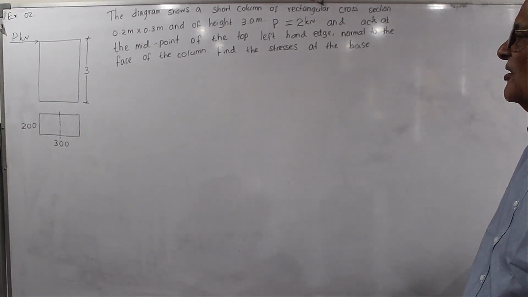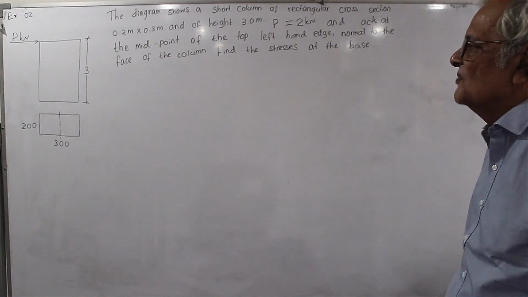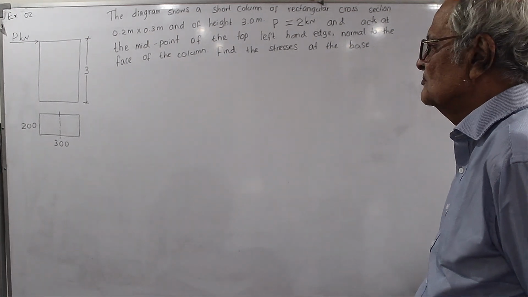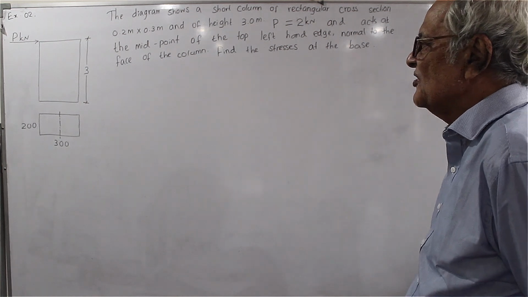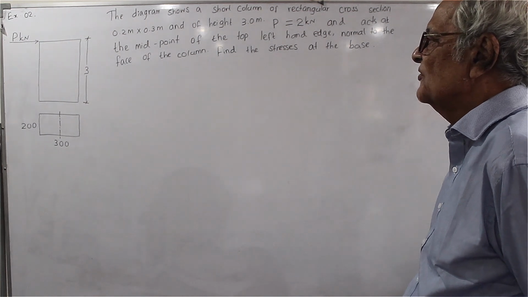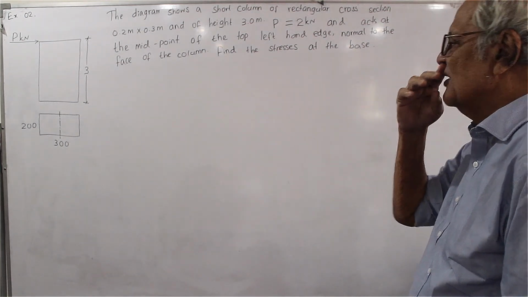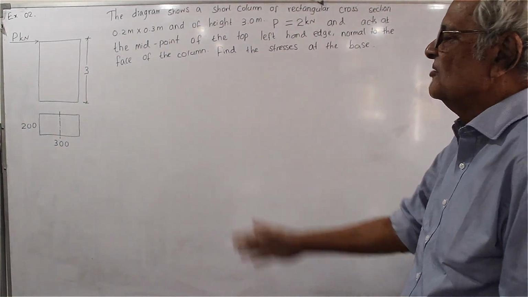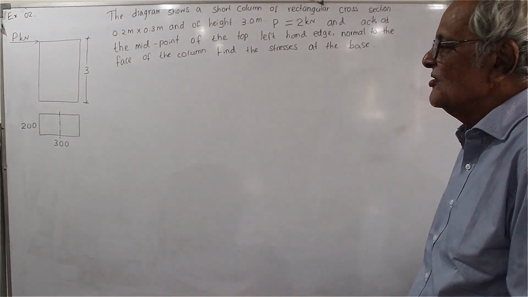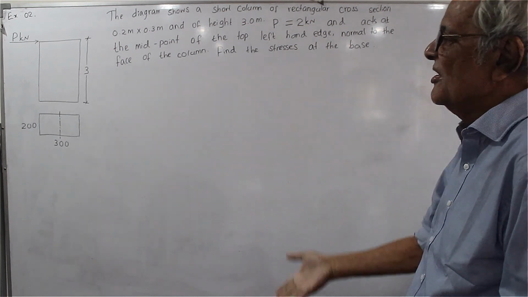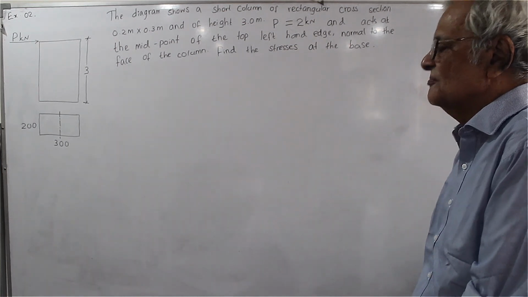With regard to this problem, you see there is no vertical load given. In all the problems we considered before, we had a vertical load, and we did not consider the weight of the column, because we assumed that the vertical load applied is much greater than the weight of the column.